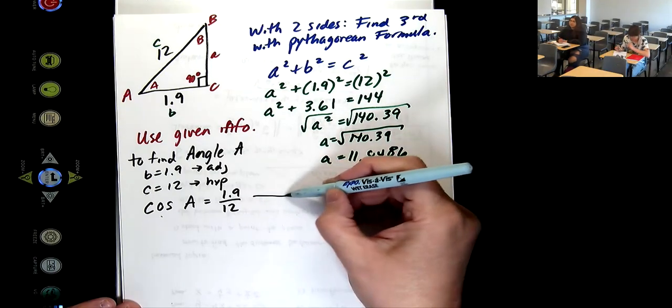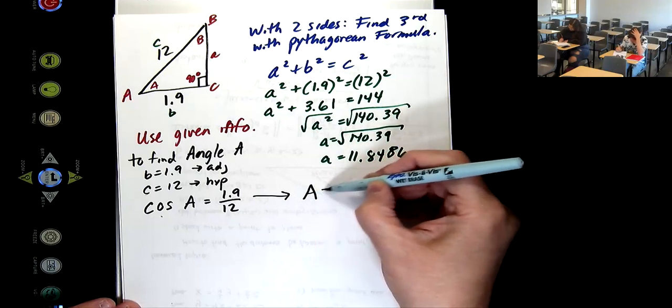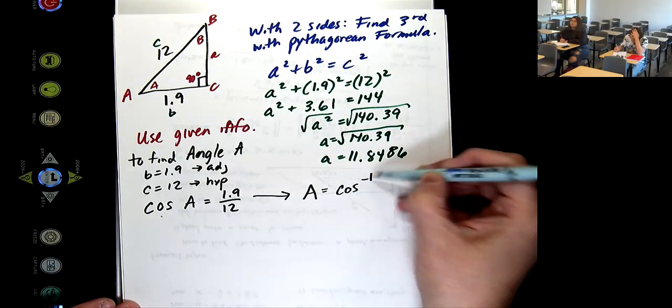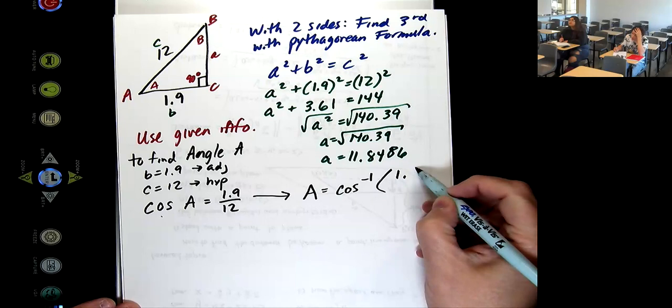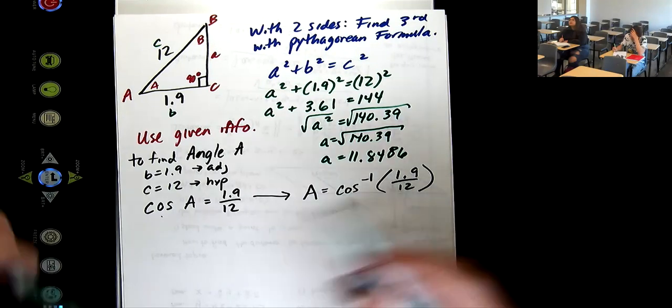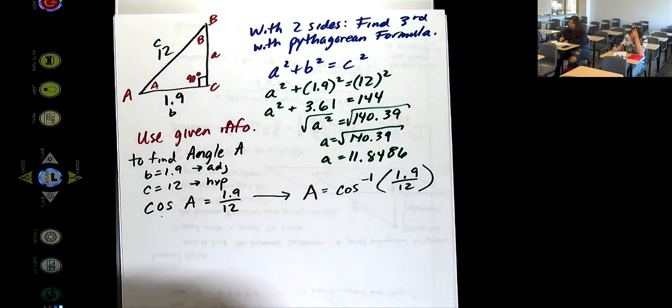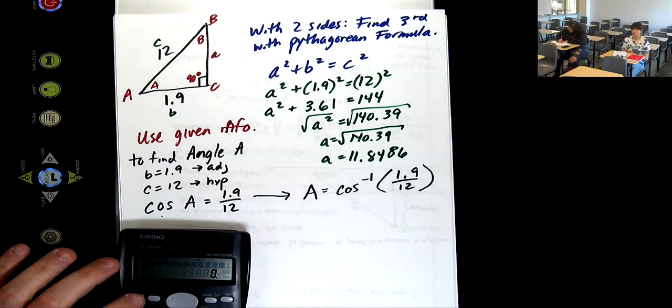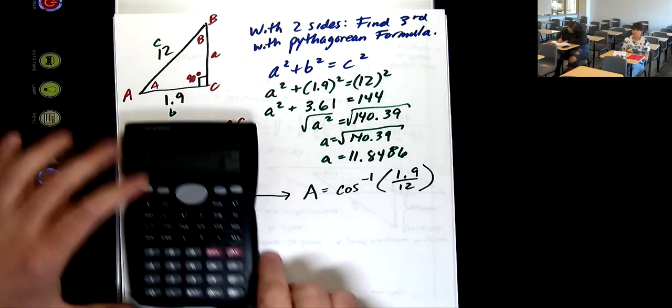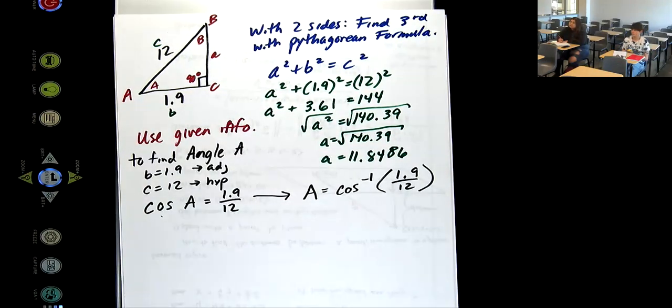Which means A equals cosine inverse of 1.9 over 12. So this is where you got to do that shift function. Just do it.